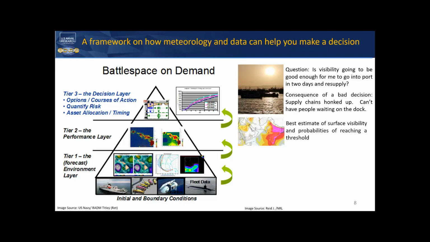So how do I know whether or not it's going to be good? Well, we come up with the best estimate of surface visibility, and we also give the probabilities of reaching some threshold. Where does that best estimate come from? Well, it comes from models, the Navy Aerosol Analysis and Prediction System, and for dust, the Coupled Ocean Atmosphere Mesoscale Prediction System. And we can look at domains around the Persian Gulf and say, hey, this is what's going on in Bahrain versus what's going on in the UAE.